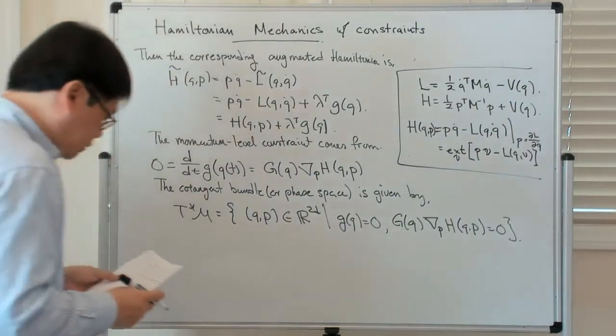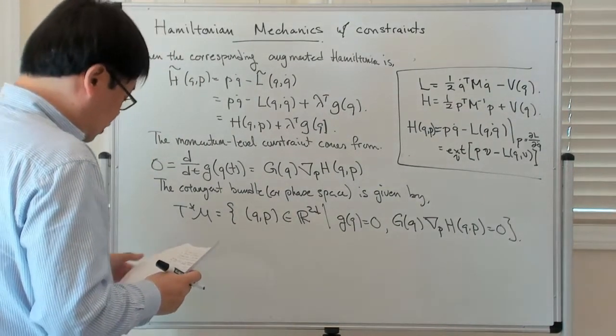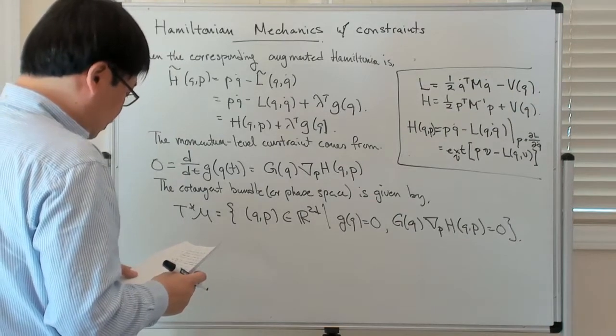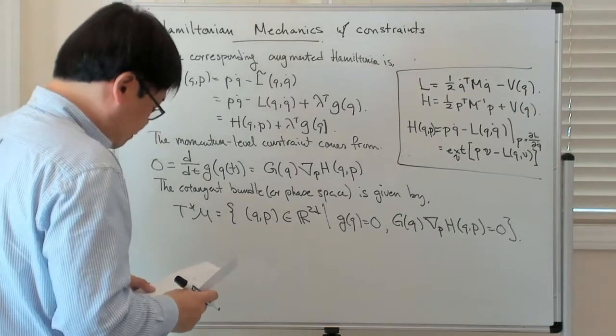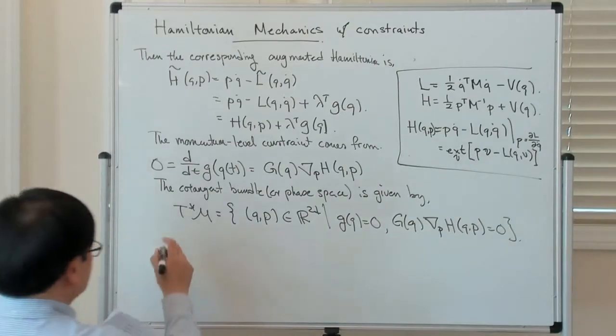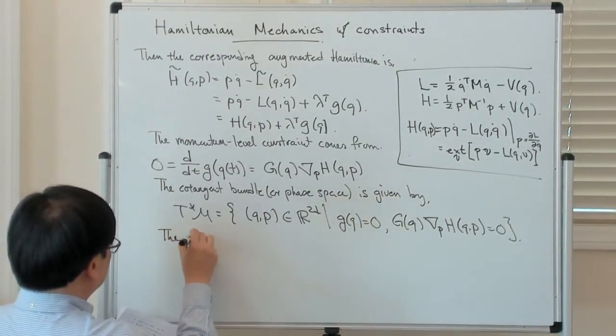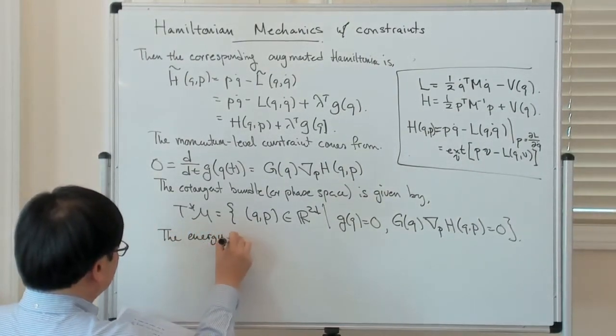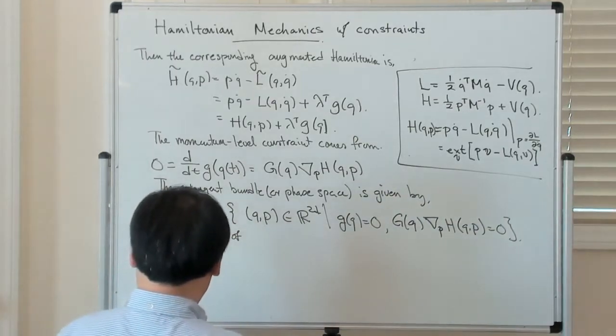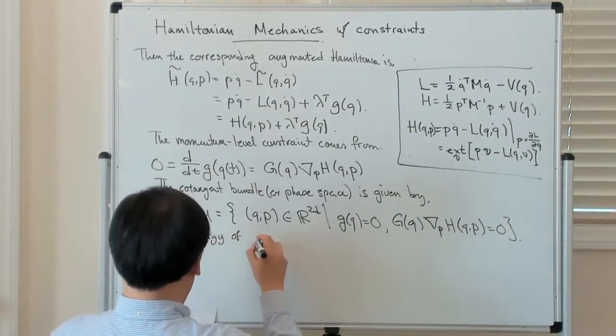Okay. And then we can look at what happens to the energy of the unconstrained system. The energy of the unconstrained system is a first integral of the constrained Hamiltonian system.